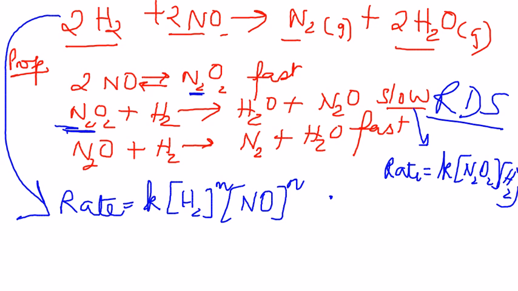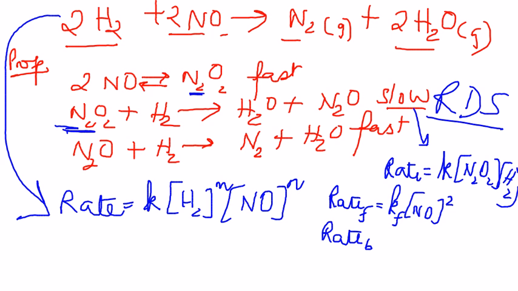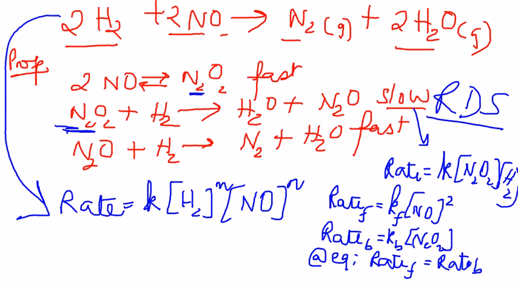for the forward reaction, let's write down the rate for the forward reaction. Rate forward is equal to Kf NO square of that. Rate backward is going to be equal to Kb N2O2, and that's about it, since there's only one more. And at equilibrium, rate of forward becomes equal to rate of the backward reaction.